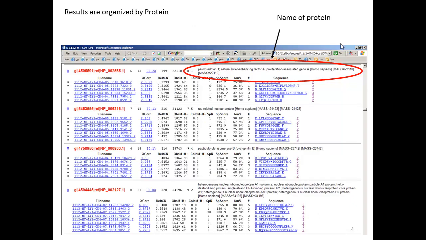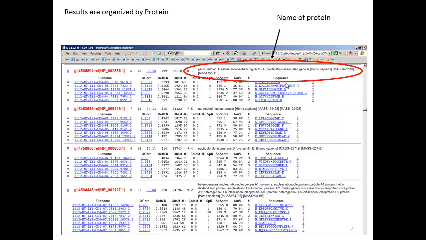So after doing that calculation for all 10,000 or so experimental spectra, we get a series of matches. And the first thing we're going to do is organize the results by protein. Again, we're analyzing peptides, small protein fragments in the mass spectrometer, but we're mostly interested at the protein level.